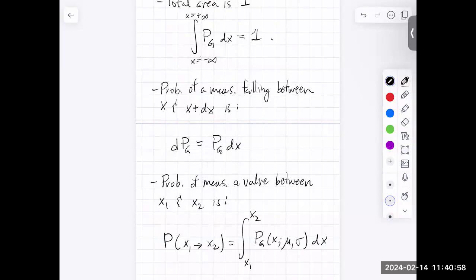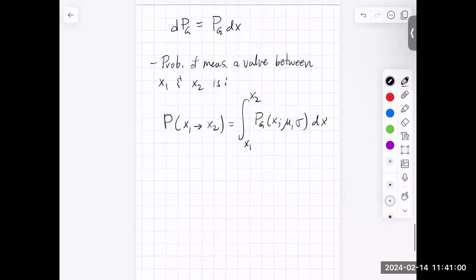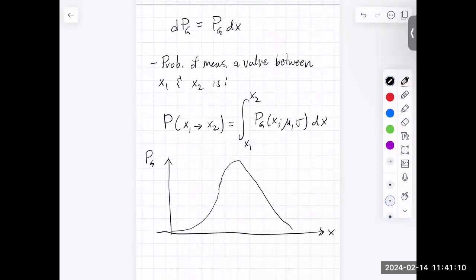Okay. And so let's just draw what that would look like. I'll draw it this time as a function of x. The Gaussian distribution is this kind of, oh, I'm not happy with that. Okay, something like that.